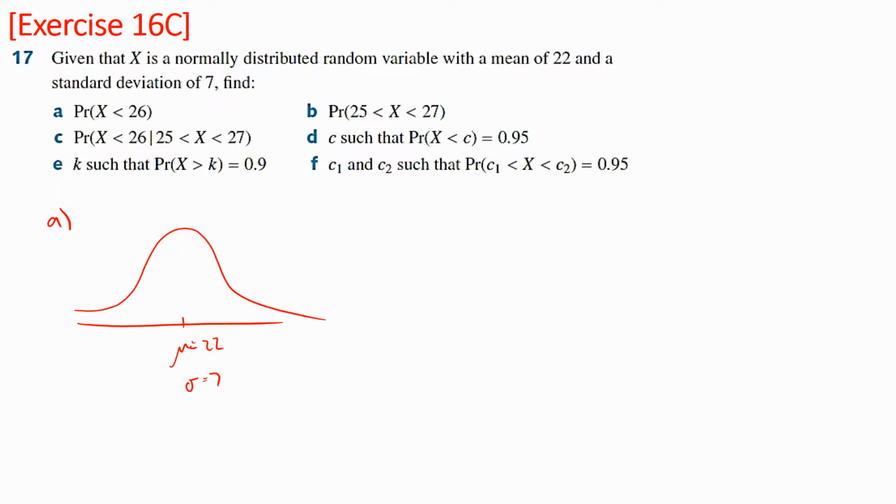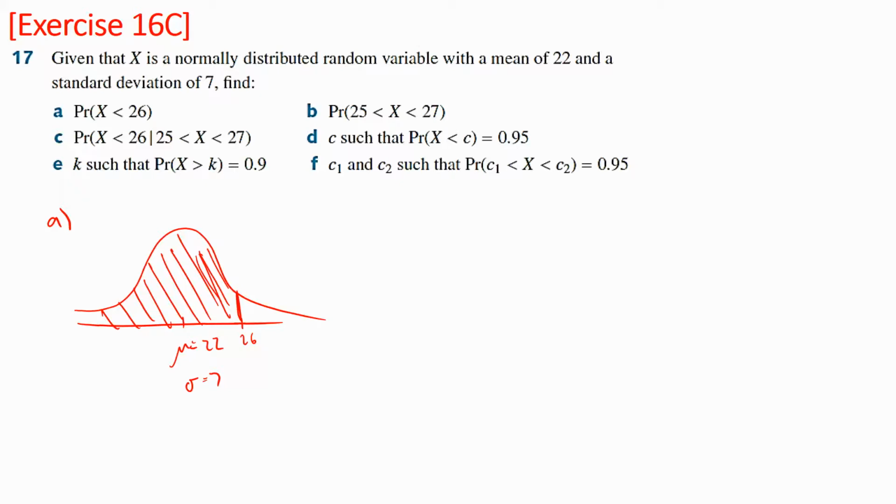So what are you trying to find? You're trying to find probability. Probability is the area under the curve. Then this is what you're looking for, all the way up until you get to 26. If this is 26, that's my X variable. X less than that, what's the probability of this? You know the total probability is 1. You want to know this.